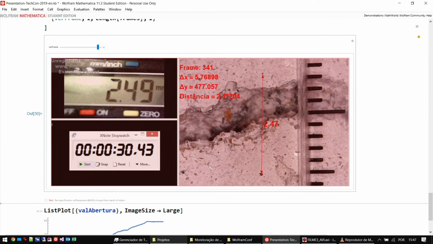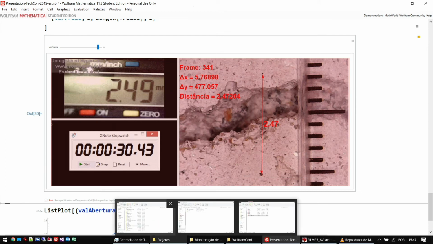And one advantage of this method is that you can see the crack. You can see the crack opening. You can see the crack closing. So it's an advantage in relation to the usual methods that only use a sensor that only gives you numbers.